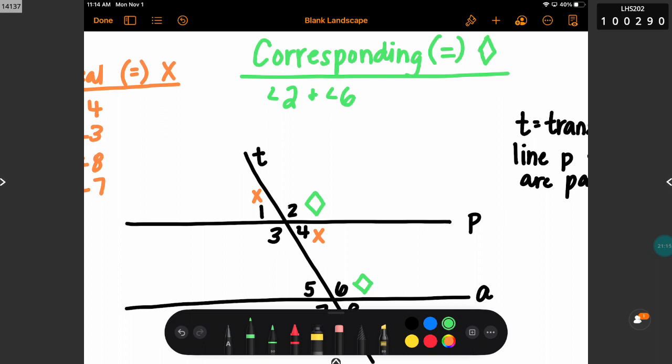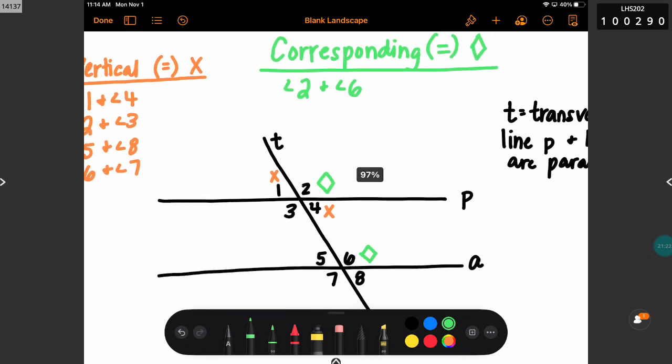So what's another one? 1 and 5, 3 and 7, and 4 and 8. So 1 and 5, 2 and 6, 3 and 7, and 4 and 8. That's my corresponding angles.